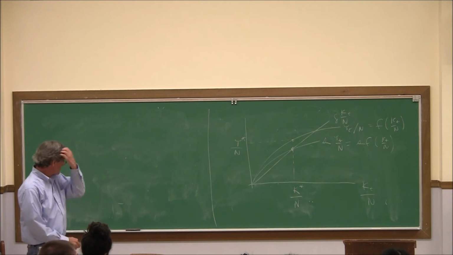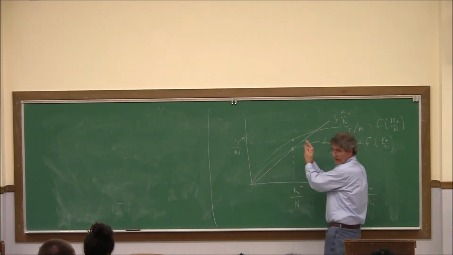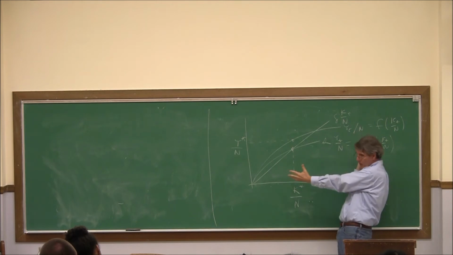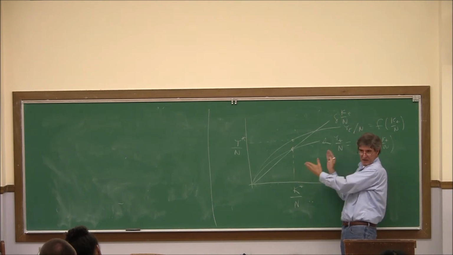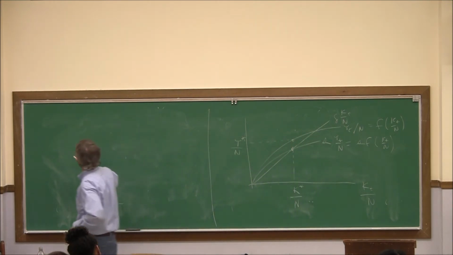Oh, let's do something else first. Let's show, and we did this last time, I think, that you really will get forced to this point. So this really is an equilibrium. If you're not at it, there are forces that will bring you to that point. Let's try to show that.